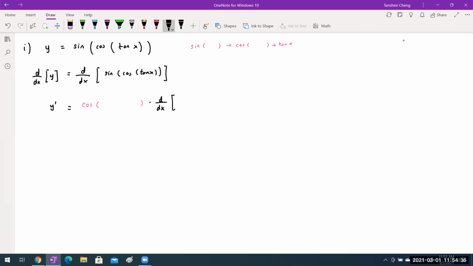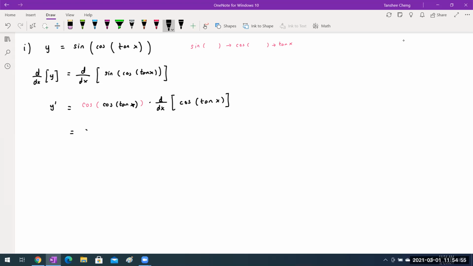So remember, the inner function of sine is what? Cosine tangent x. That is the part that you need to write correctly. And then the next inner function will be cosine, which is cosine tangent x.